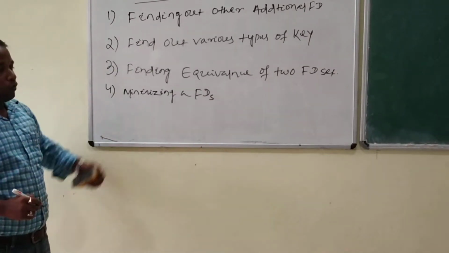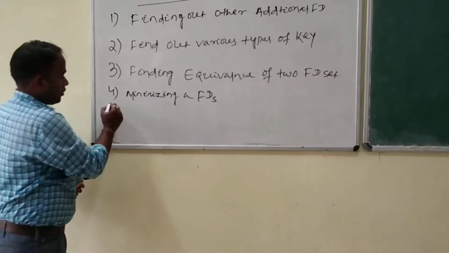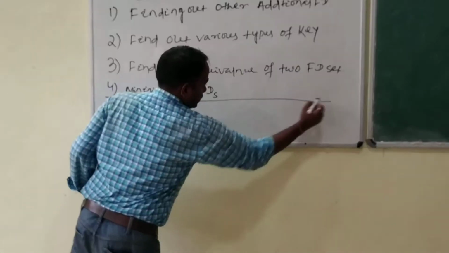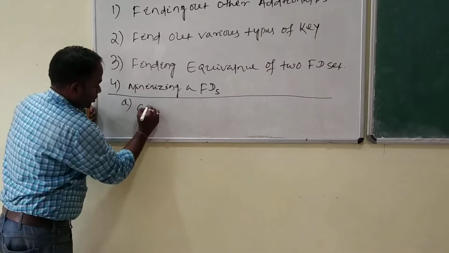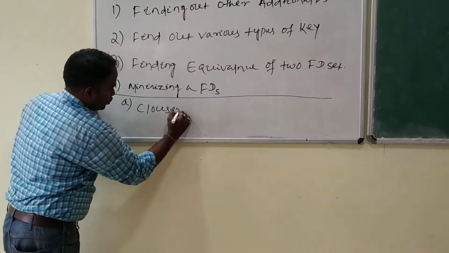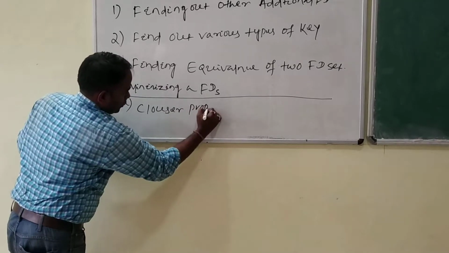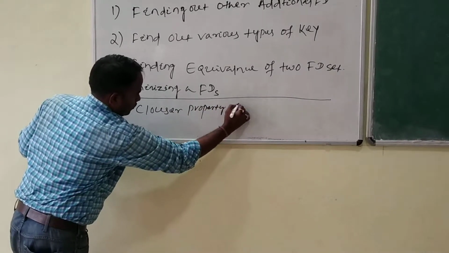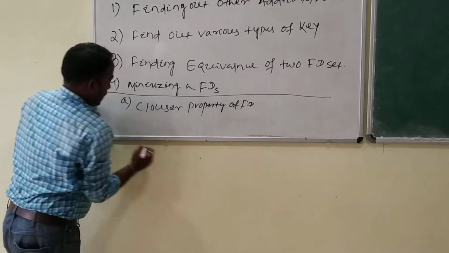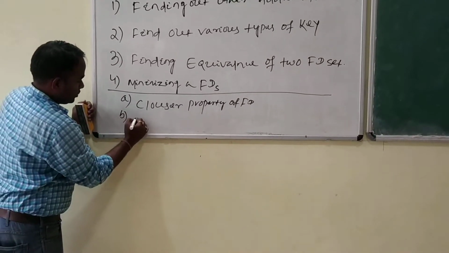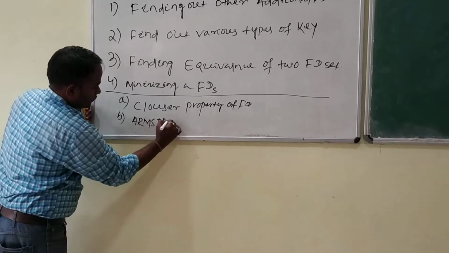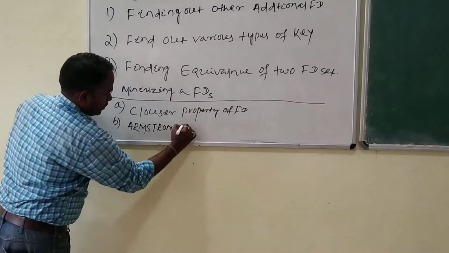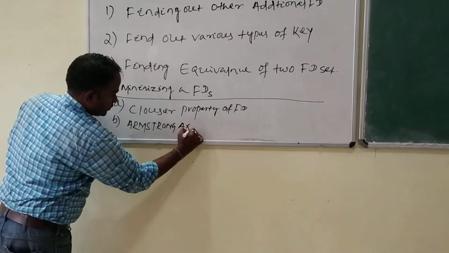All these four uses can be achieved using two different methods. One method is by using the closure property of functional dependency, and another is by using Armstrong axioms.